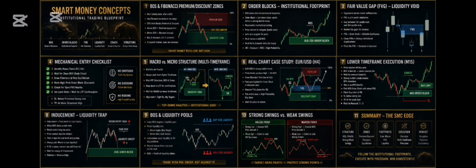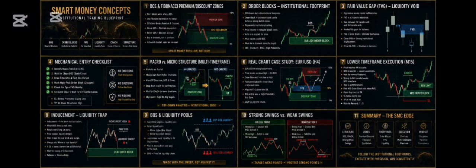The market explicitly engineered liquidity by stopping out those early buyers before expanding, to avoid this trap. Always ask yourself, where is the true liquidity resting? If there is an unmitigated order block lower down, expect the current low to fail.